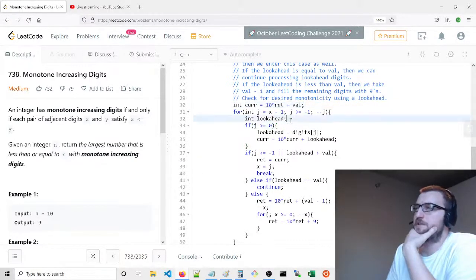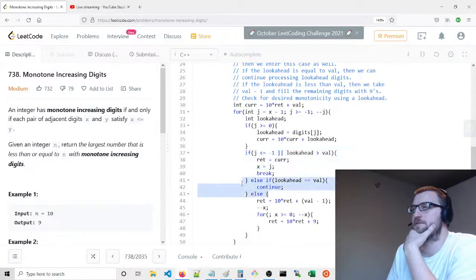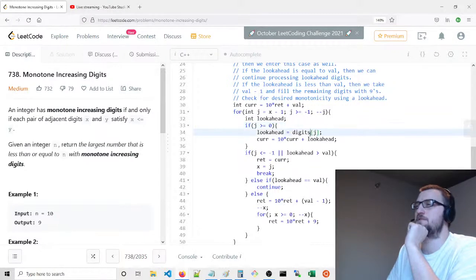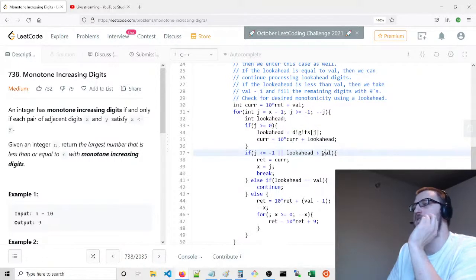So we start off at 3, we have our look ahead, this goes 3, 3, and then we say look ahead 3 is not greater, it's equal, we would continue, we go to the next value 2, and we see, right, 2, okay, so look ahead is 2, oh, I see.